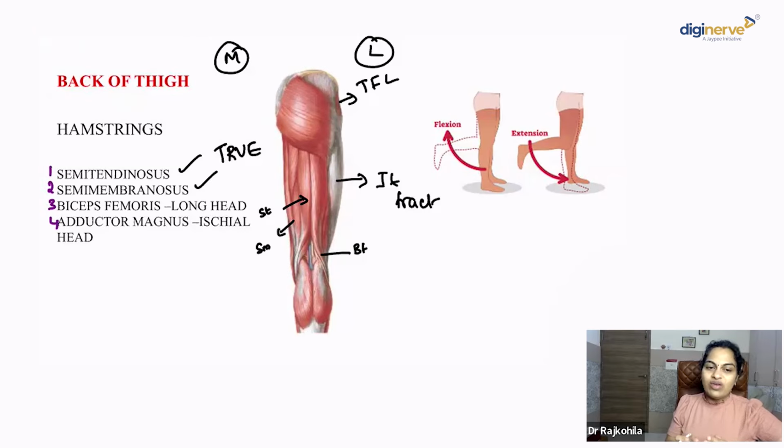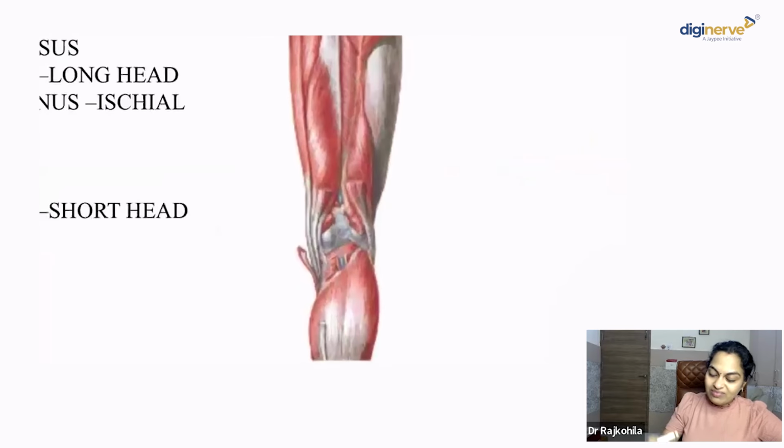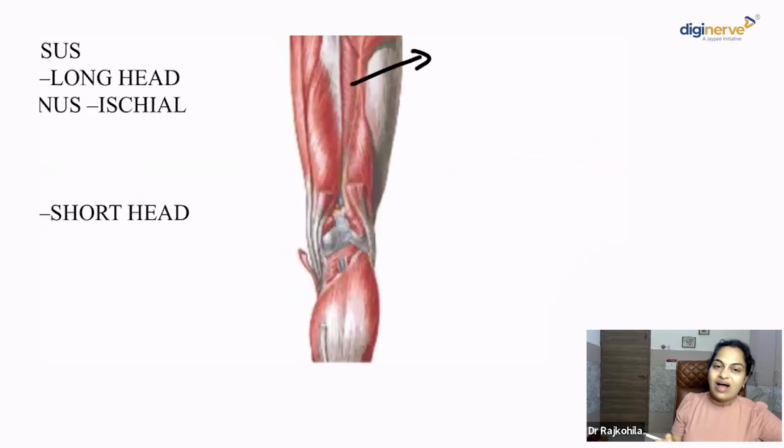The biceps femoris and adductor magnus are a bit of a modification. Adductor magnus will not cross the knee joint. It inserts into the adductor tubercle, right? And when I say biceps femoris, it has two heads, the long head and the short head. So in this picture, in the deeper part, you can see the ischial part of adductor magnus contributing to the hamstring part.